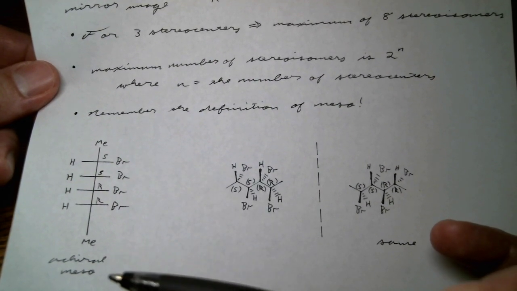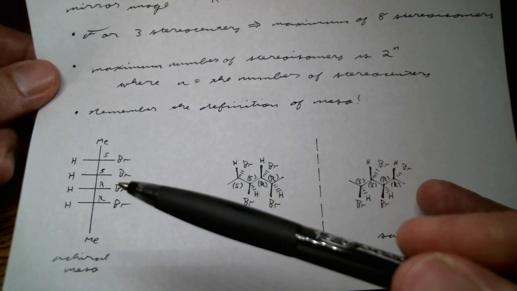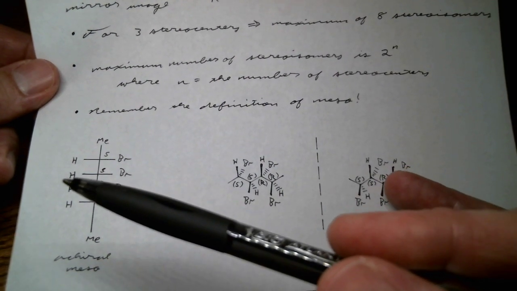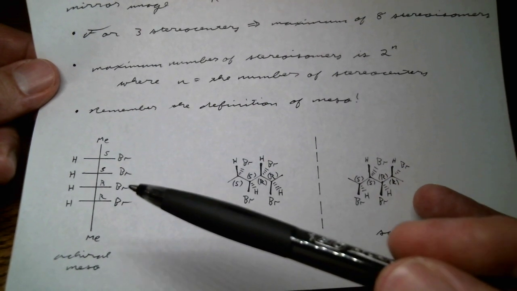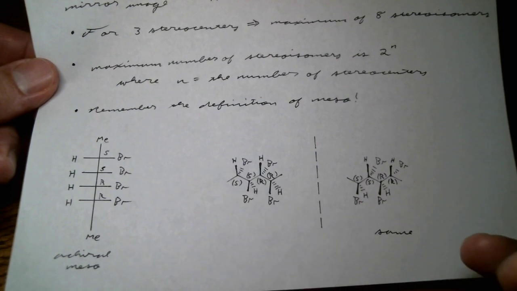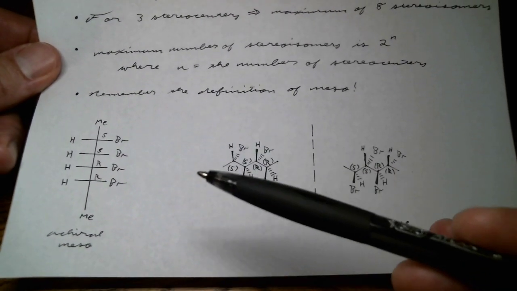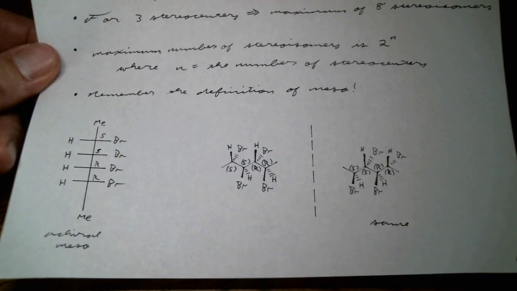We are achiral, meso. You can see there would be an internal plane of symmetry in this Fischer projection that cuts horizontally across the middle of the compound. Of course, you could convert this to bond line structure.